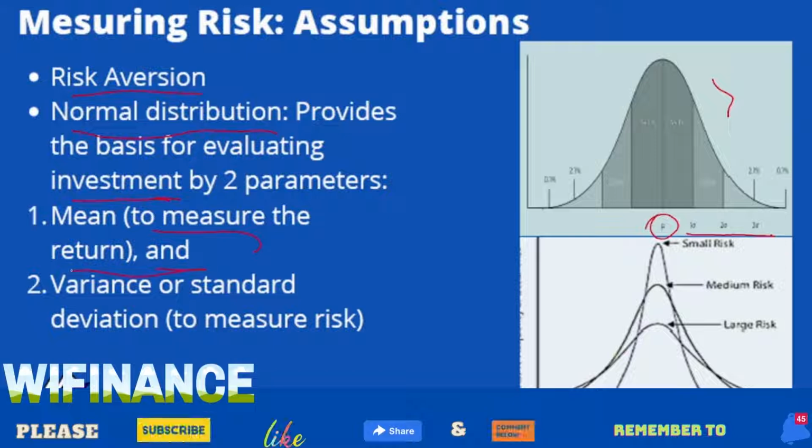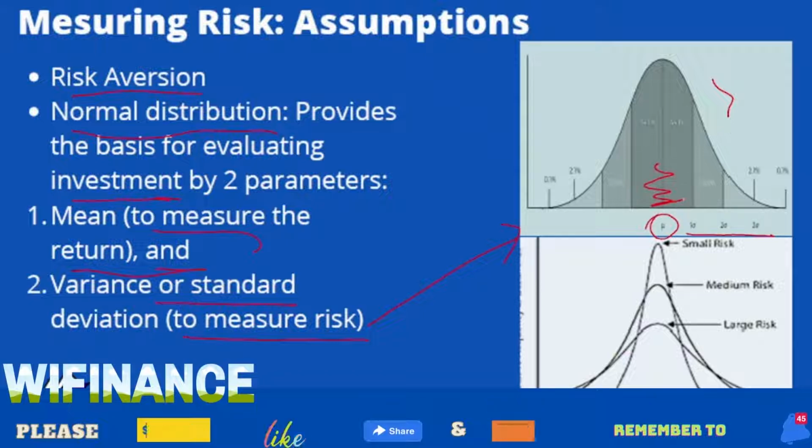Besides, we are going to use the variance or standard deviation to measure your risk exposure, so that the greater the standard deviation of the return distribution, the riskier that investment is. That makes sense because if the distribution is more dispersed, then you are less likely to earn the central value.